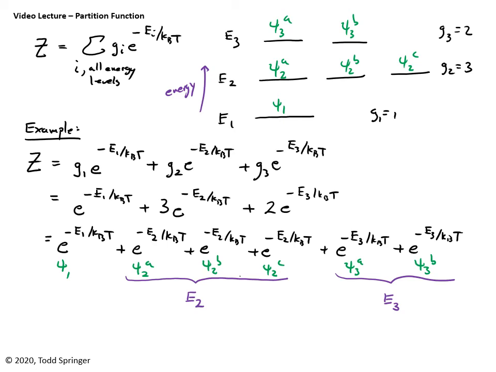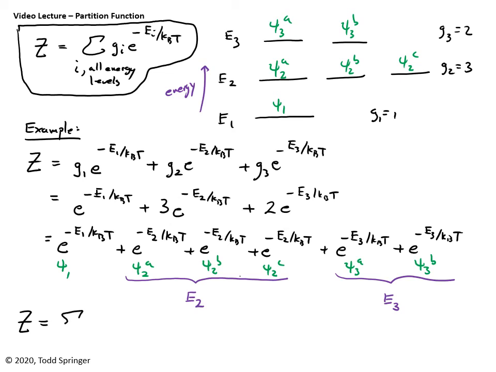So one way to think of this sum is adding up all the energies, multiplying by g_i. But another way to think about it is just adding up all the states and taking e to the minus the energy of that state divided by k_B T. So another way of writing this Z is sum over all states.